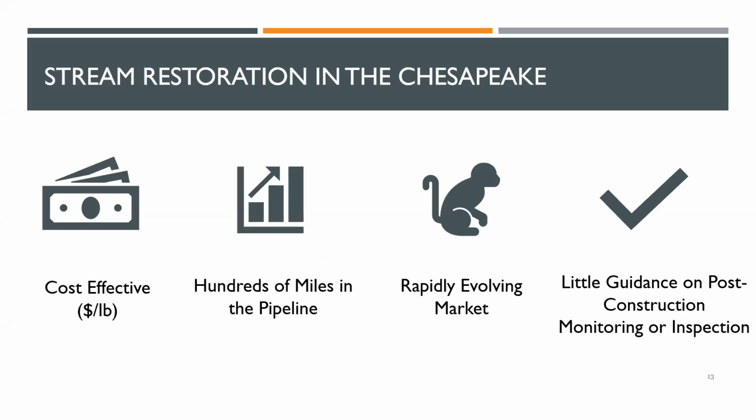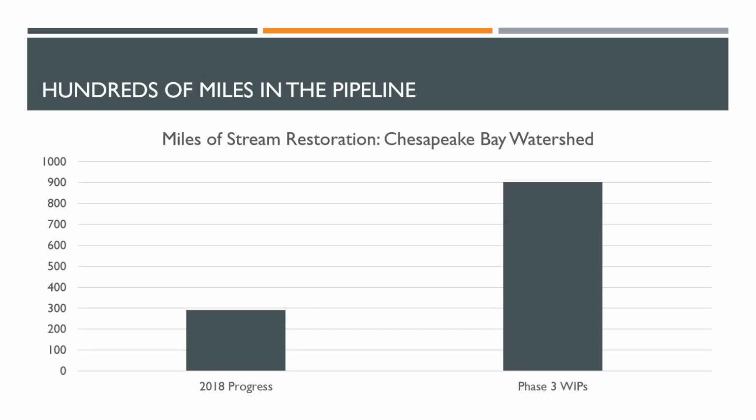But it is a rapidly evolving market as the private sector kind of got a hold of these protocols and realized that there was an opportunity. There were a lot of questions that came up about proper application, trying to standardize how they're being applied around the watershed and whatnot. So this just goes to show how much the practice has really taken off.